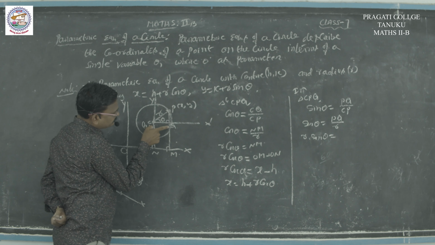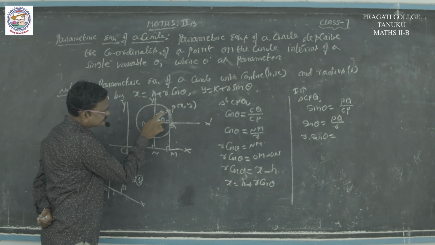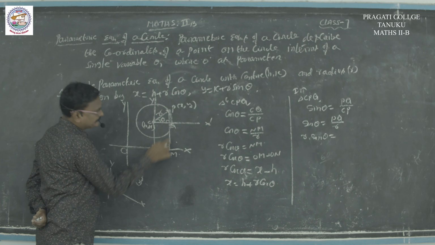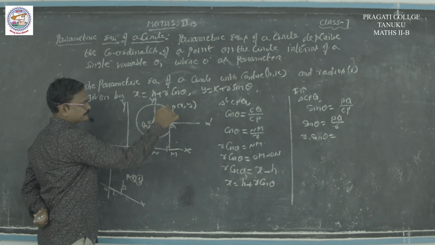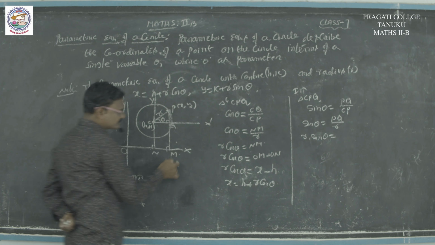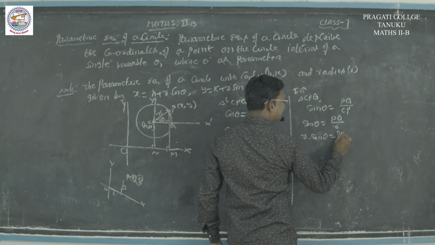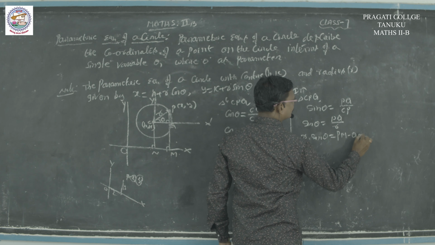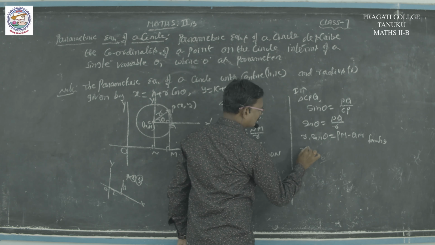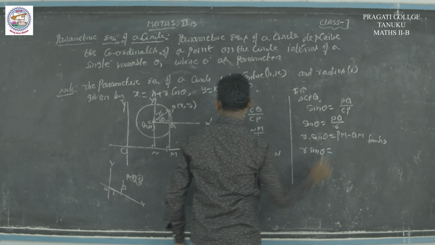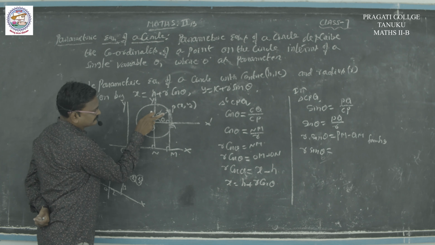From this diagram, PQ can be expressed as PM minus QM. Now r sin theta is equal to PM.